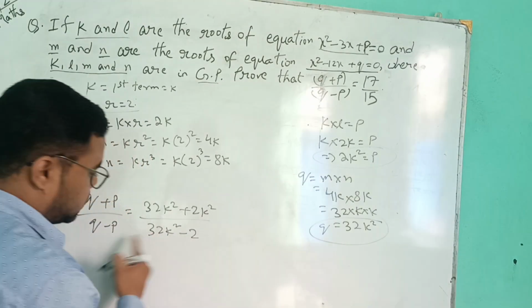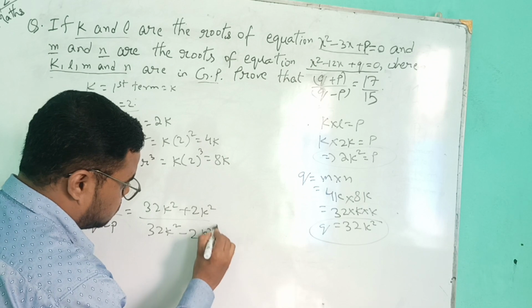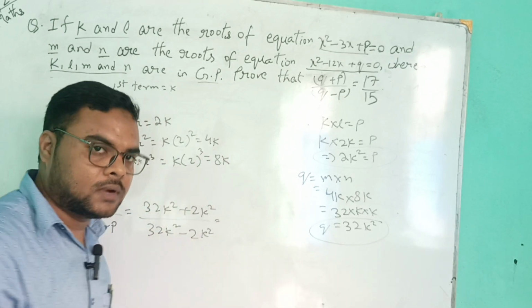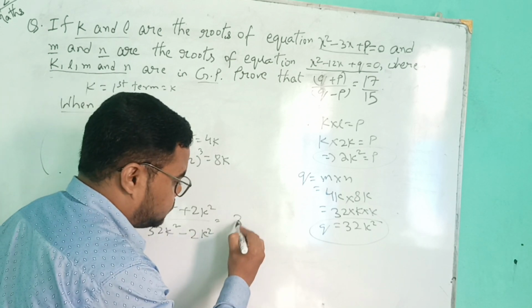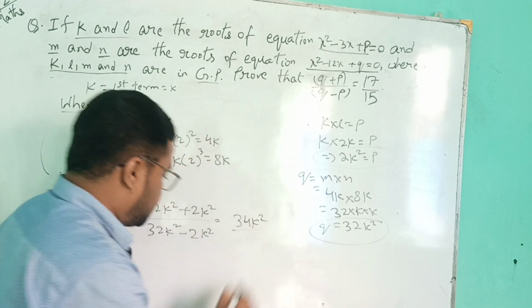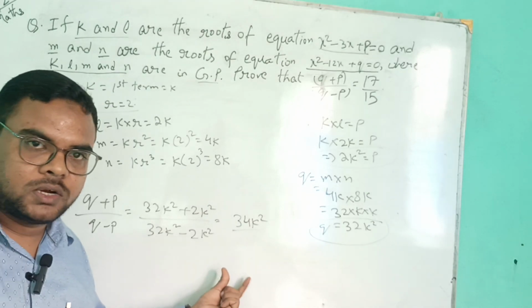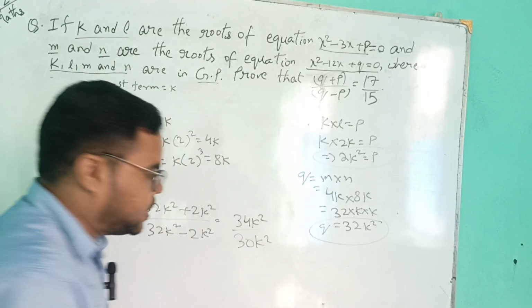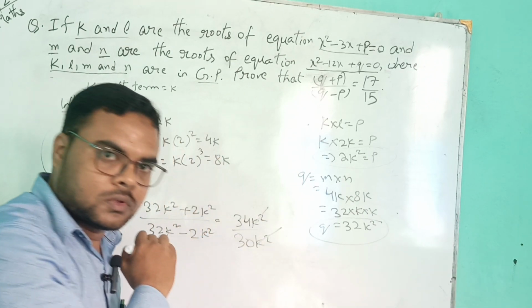Minus, what is the value of p? 2k square. 32 plus 2 is 34k square, and 32k minus 2k will be 30k square. k square is common, so this will cancel.